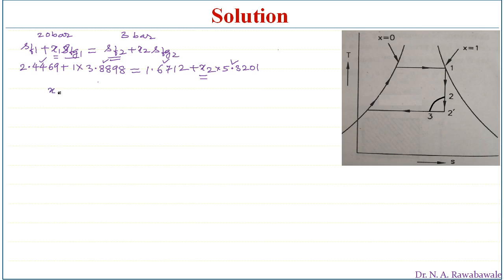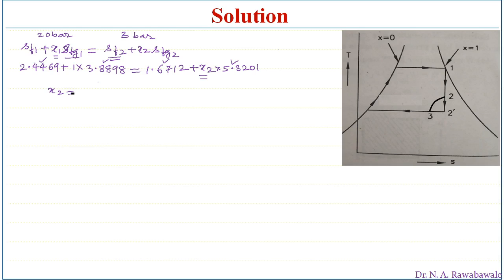Simplifying this equation, we get x, the dryness fraction of steam, as 4.9987 divided by 5.3201.